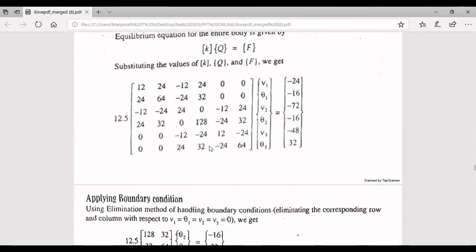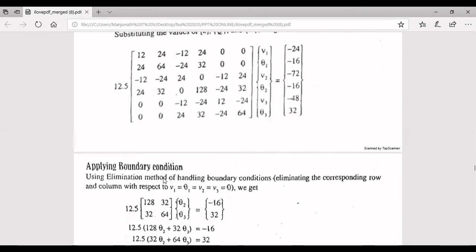For applying the boundary condition, we are following the elimination method of handling boundary conditions. In this elimination method, at whatever nodes are fixed there will be no displacement, so the corresponding rows and columns we are going to eliminate.